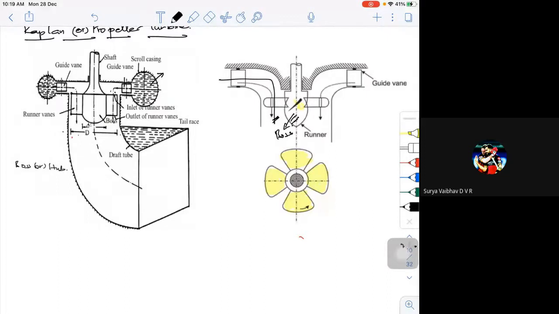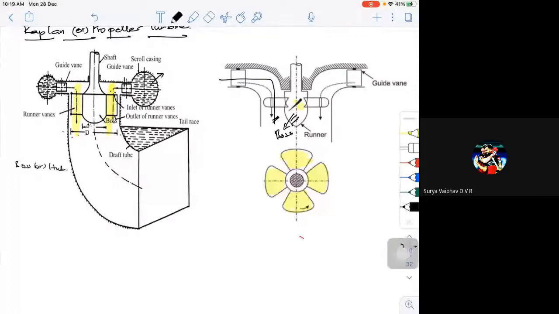Your hub or boss is there, so flow will be in between this. The flow will be entering like this, and it will go from top to bottom. So it's a vertical axis turbomachine or turbine.